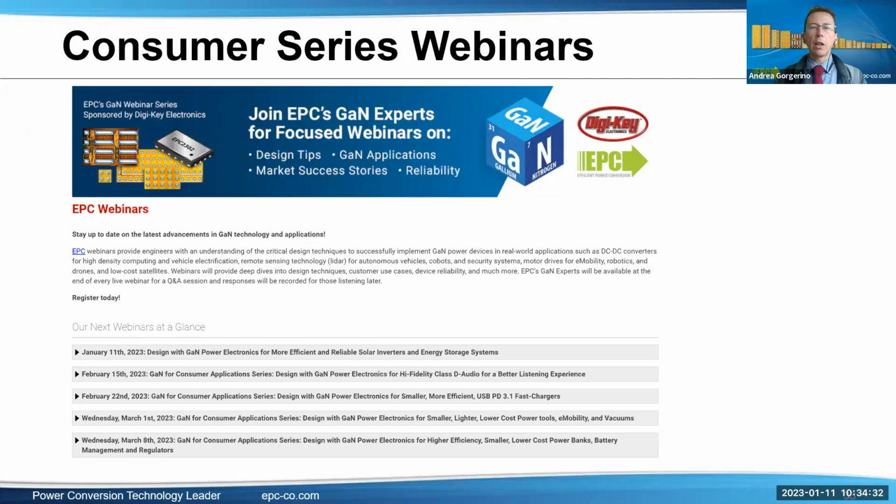They should be coming out. But if you look on our website, we also have several IC recommendations for synchronous rectification that are meant to be utilized with GaN FETs. So you can build it yourself by using one of these ICs and one of these GaN FETs. I hope this answers the question.